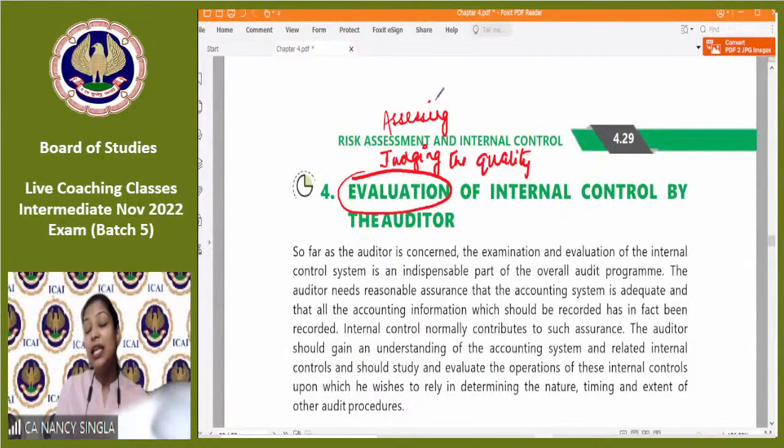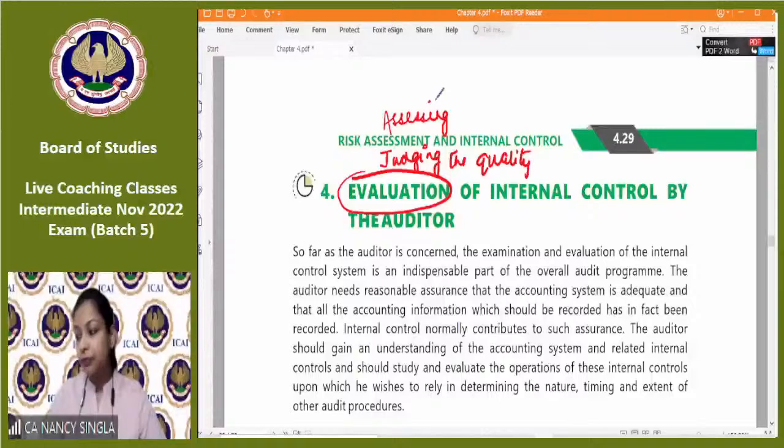And see, evaluation of internal control is a very important part when the auditor is deciding what audit procedures he needs to perform. Quickly tell me, you have done this concept in your chapter number 2.